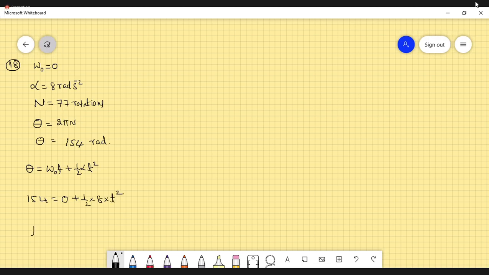So t square equals 154 pi by 4. Multiply with pi, which is 3.14.